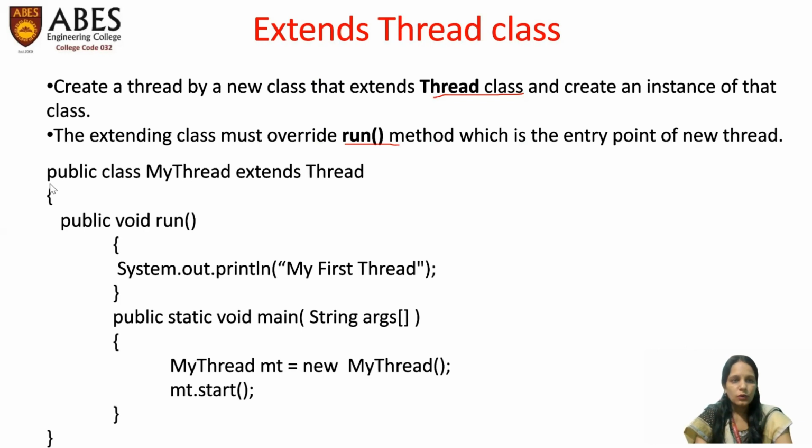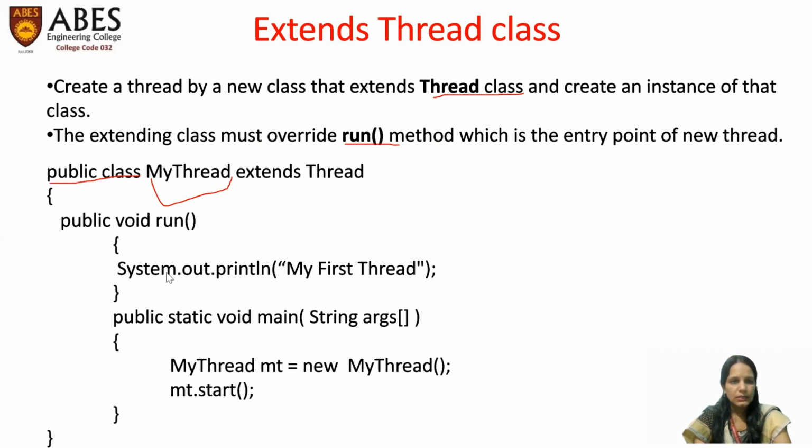We have a public class named MyThread, which extends Thread. Thread is an already built-in class that we extend in our program, because only then can we override the run method. So we are overriding the run method of the Thread class.